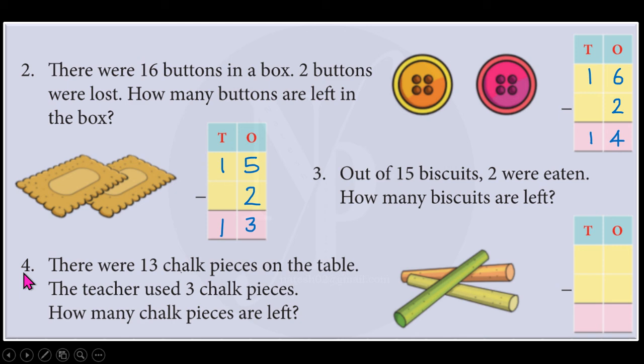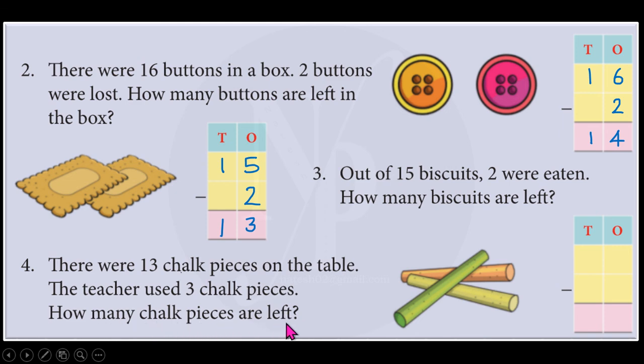Question number 4. There were 13 chalk pieces on the table. The teacher used 3 chalk pieces. How many chalk pieces are left? So there were 13 chalk pieces on the table of a classroom. The teacher used 3 chalk pieces, and how many chalk pieces are left?